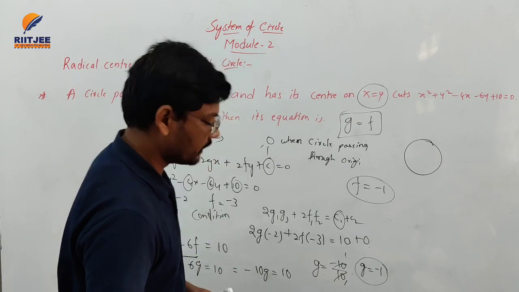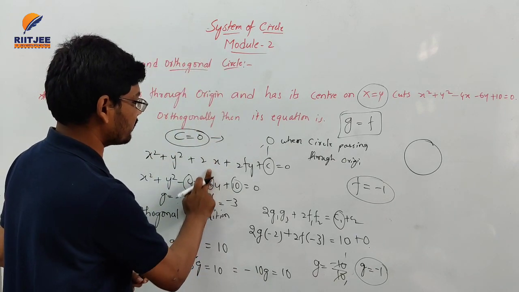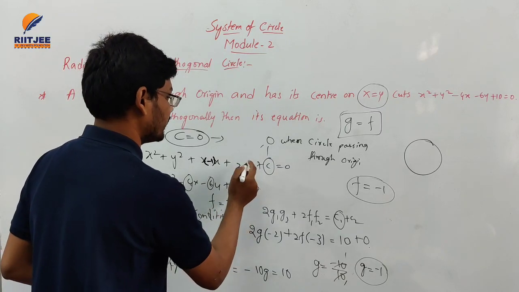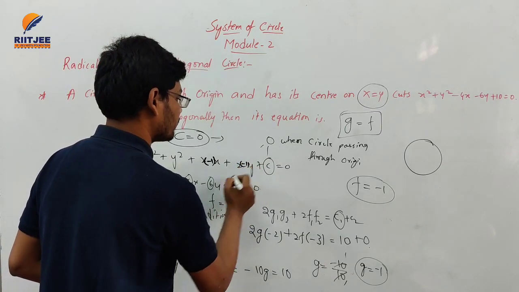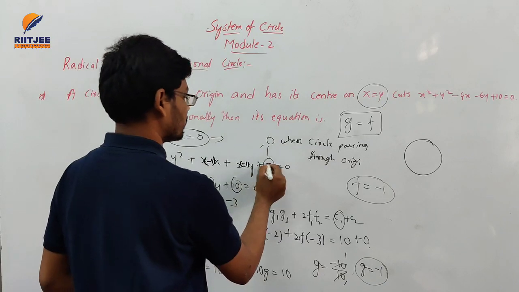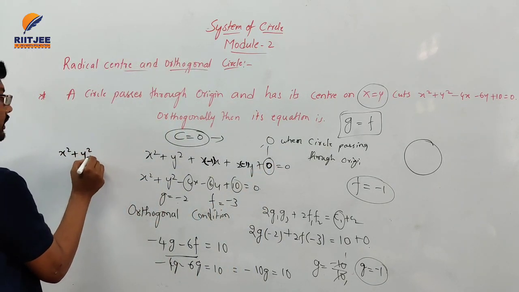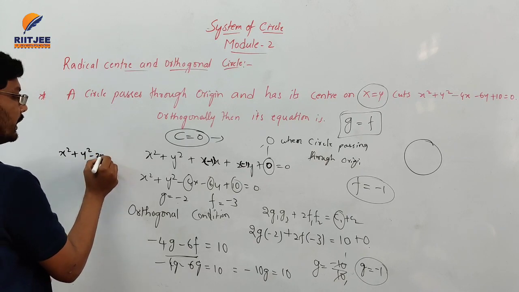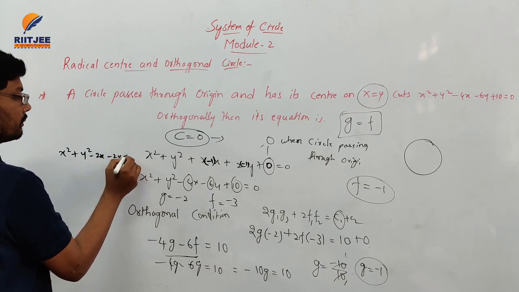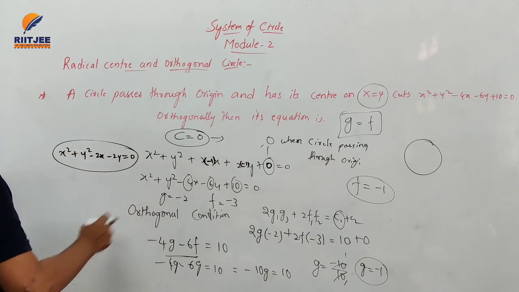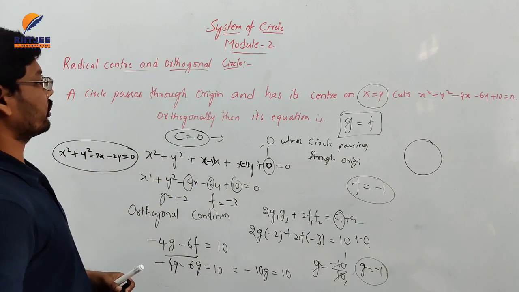Our options are like g is equal to minus 1 and f is equal to minus 1 here. Then c is equal to 0, substitute all the values. Then the equation will become x square plus y square minus 2x minus 2y is equal to 0. This is the solution of this question here.